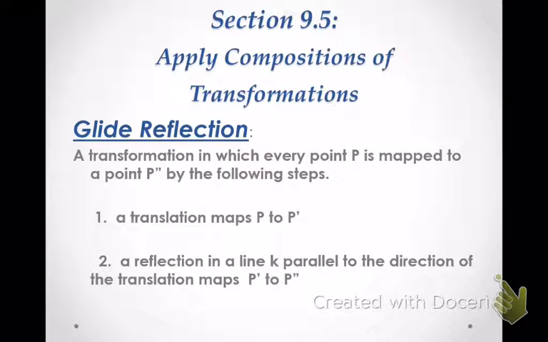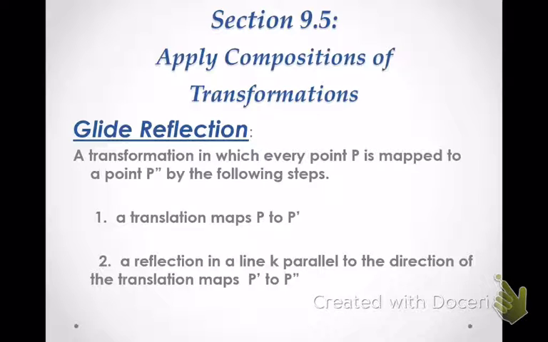It's a combination. If it gives you an order to do it in, make sure you do it in that order. But if it doesn't say, you translate first, then you reflect. So a glide reflection is a transformation in which every point P is mapped to a point P prime by the following steps.